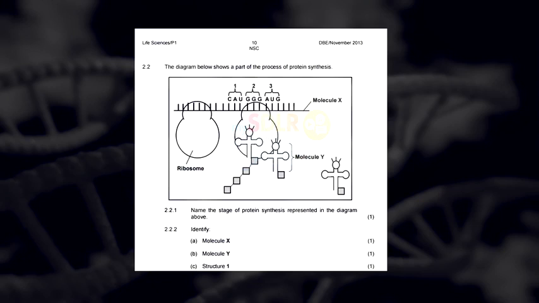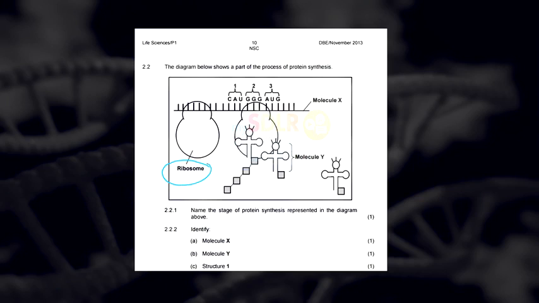The following is part of an examination paper, just to practice what we have learned. If I consider this diagram, it says, the diagram below shows a part of the process of protein synthesis. When I'm studying this diagram, I need to identify firstly, ribosome, molecule X, single strand, molecule Y, I see letters all over.